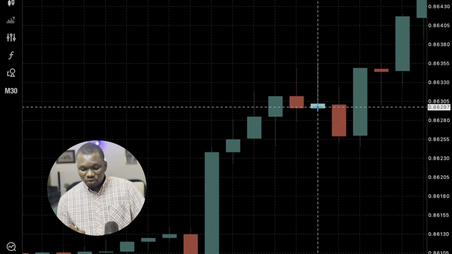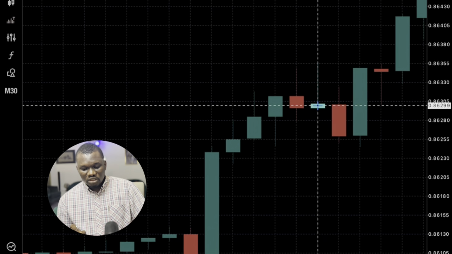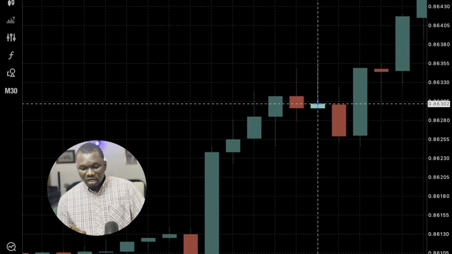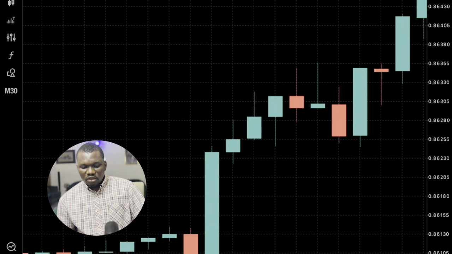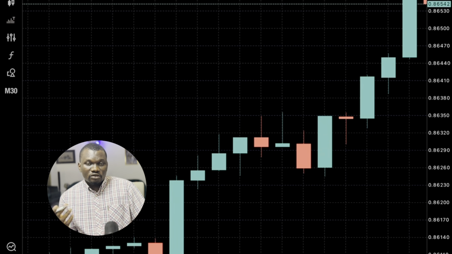Then the next candlestick opened here and closed here. You saw that it closed lower than this. So you see, this is a bearish hammer, called an inverse hammer, when we start looking at the types of candlesticks.